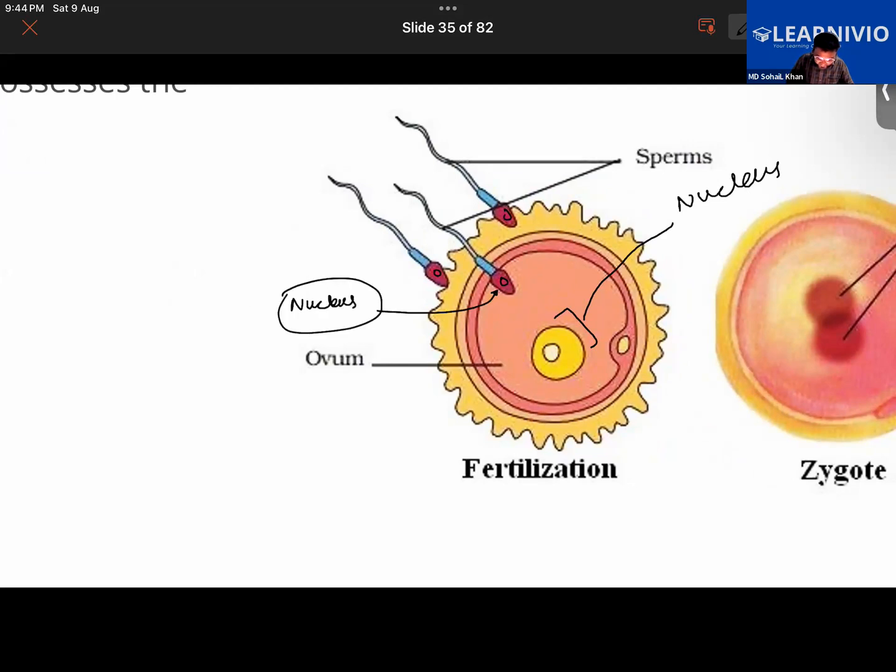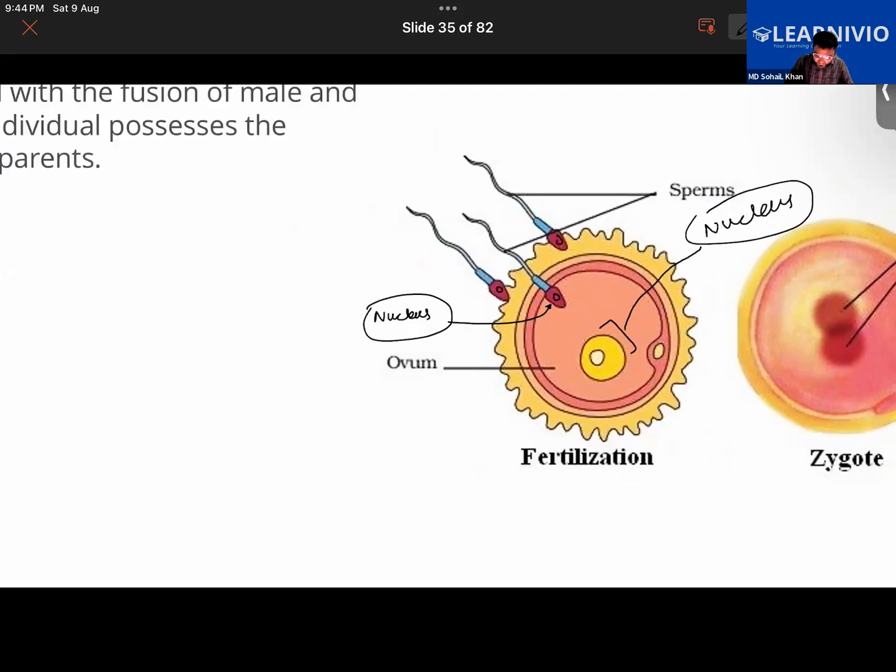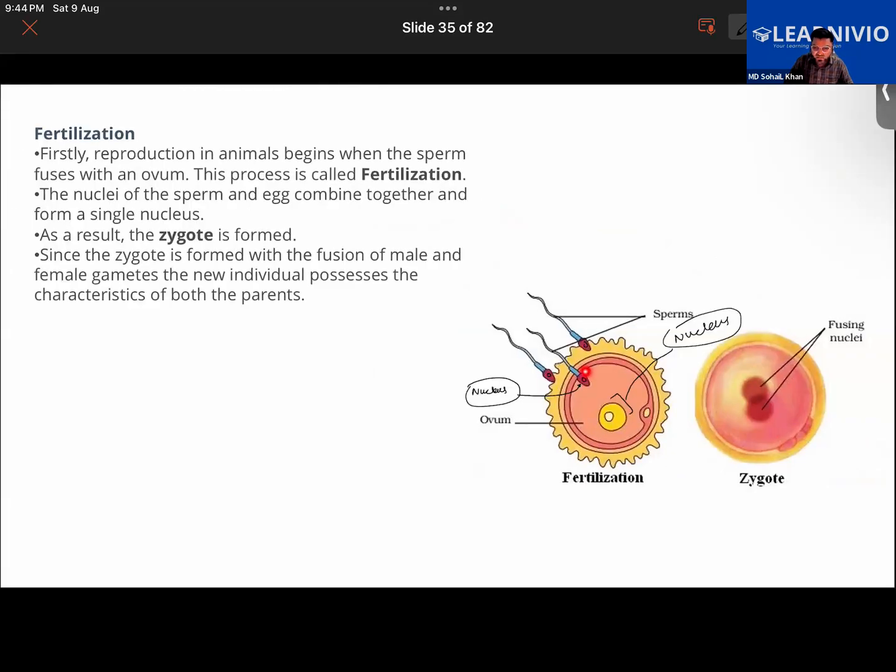Later we see that it's not the entire sperm cell that enters the ovum, but only the head enters, and further the nucleus of the sperm and the nucleus of the ovum fuse together.